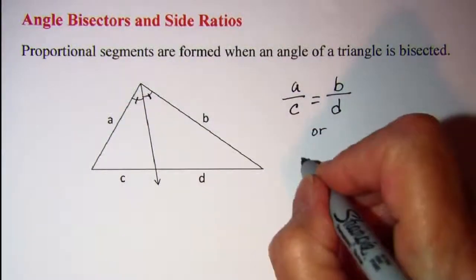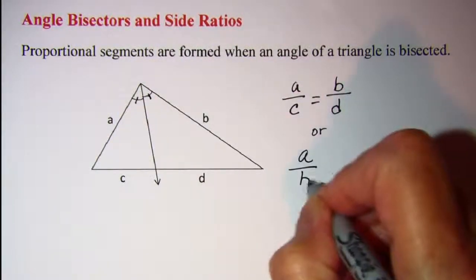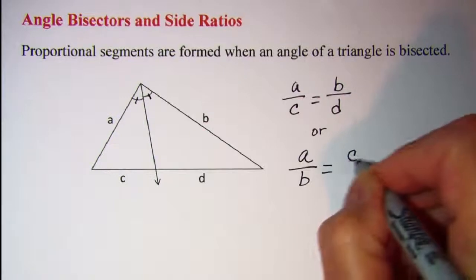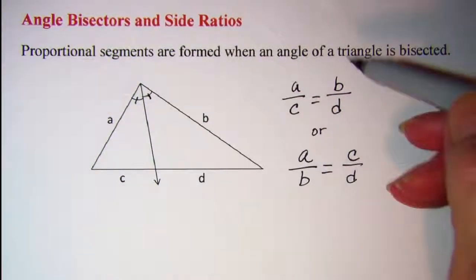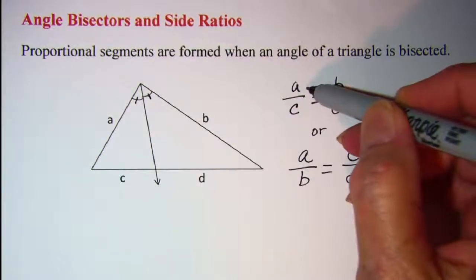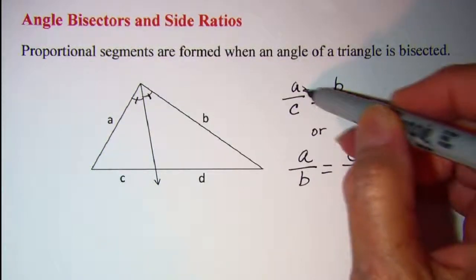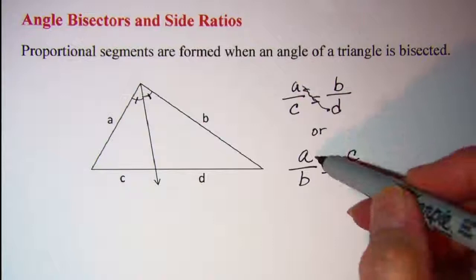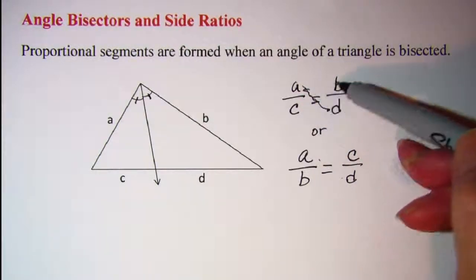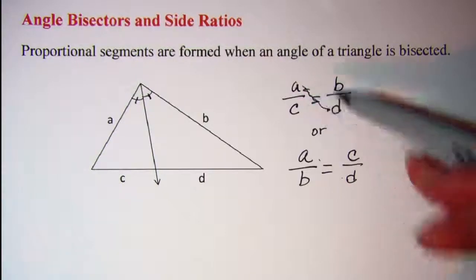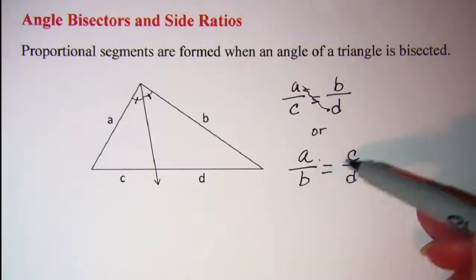So A is to B as C is to D. Notice on both of these proportions that the cross products are the same. Here we have A times D, and here we also have A times D. And on this one, C times B, and this one also C times B.